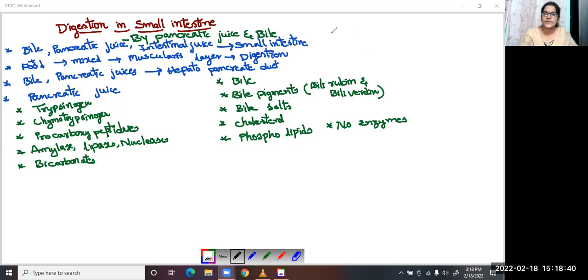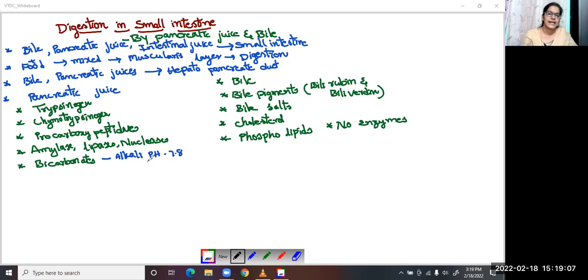So you are also supposed to remember the constituents of the pancreatic juice and the constituents of the bile. So these bicarbonates are helpful for providing alkali pH, that is 7.8.